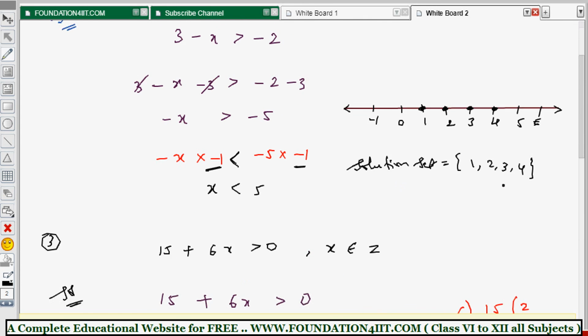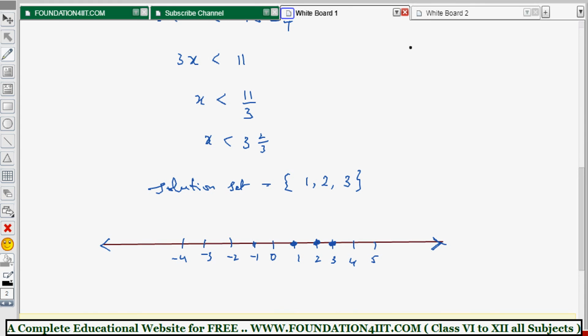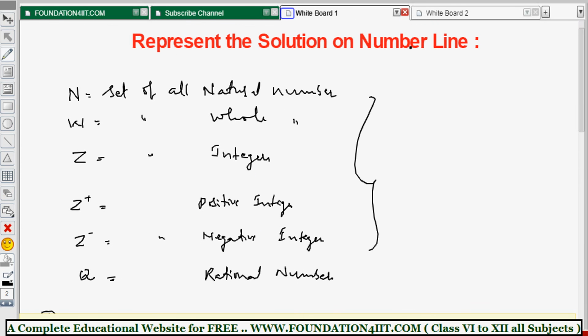To do this we need to find the value of x first. After getting the solution set we can represent it on a number line. Further, you need to remember these notations. Then we can apply which values we need to take: either natural numbers, whole numbers, integers, even negative and positive integers, as well as rational numbers.